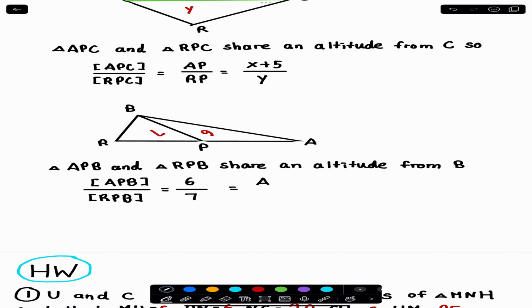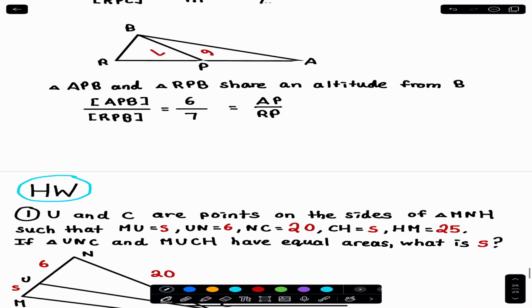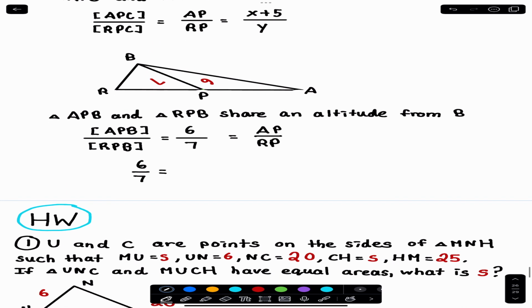This is equal to AP over RP. Again, like magic. AP over RP, AP over RP. Time to set them equal to each other. So 6 over 7 is equal to x plus 5 over y.